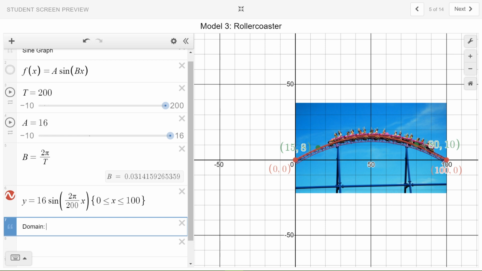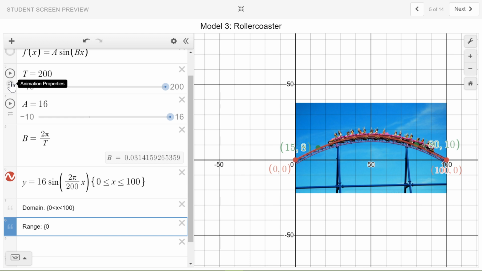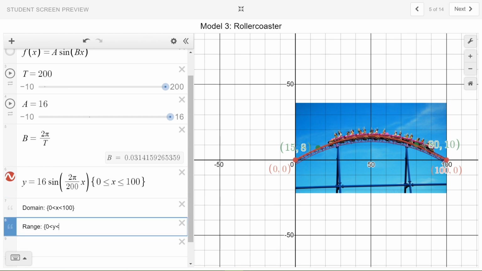My domain, once again, 0 through to 100. My range is from 0 through to the highest value of this, 16.